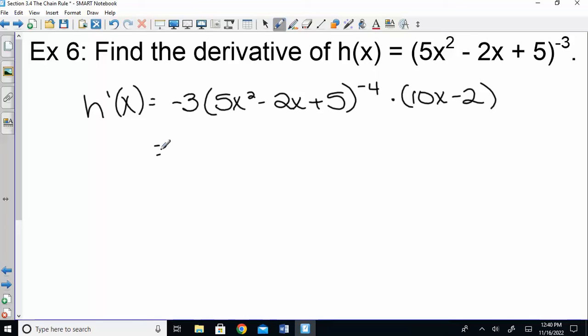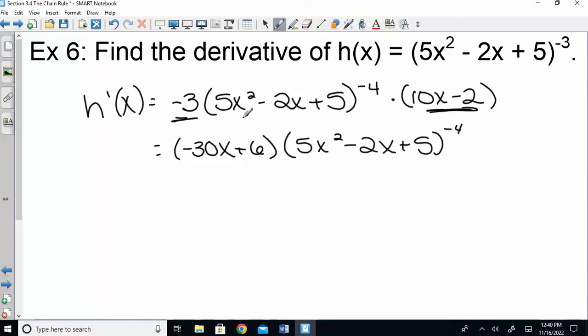We could leave it like this. We could choose to multiply a few things together. If you wanted, you could distribute the negative 3 through the 10x minus 2 and make it negative 30x plus 6. But it doesn't matter, both answers are correct.